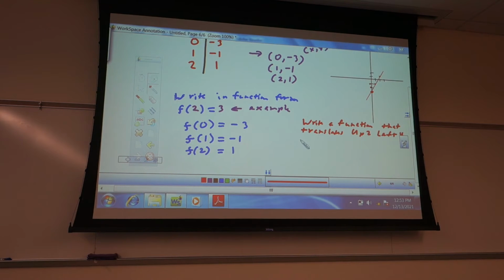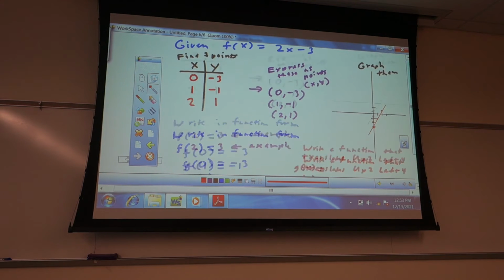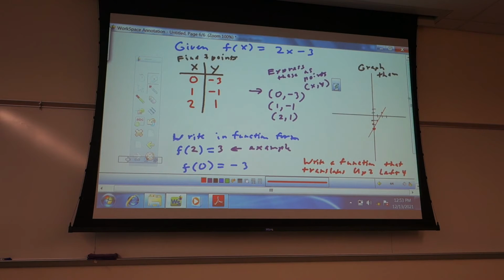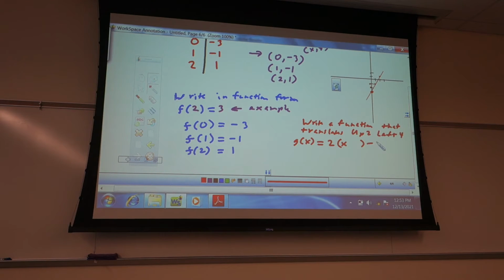I'll call it g of x equals 2, right inside where x is, I'm going to write x something. And then I have minus 3. So something happens here, and something happens there.